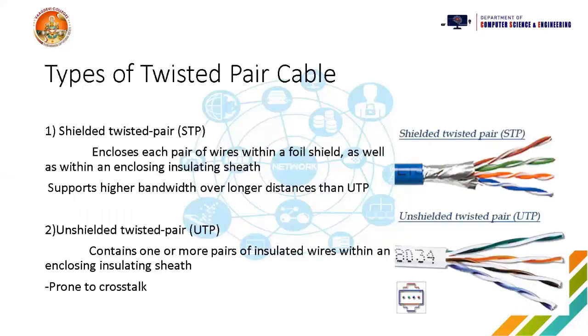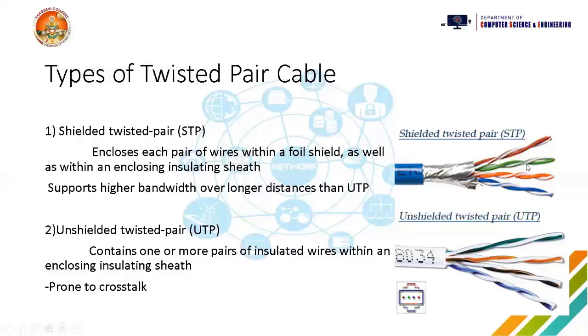Now talking about the types of twisted cable, as we said, one is shielded twisted pair cable and the second one is unshielded twisted pair cable, STP and UTP. STP, in the name itself, shielded, has a shield of protection provided to the cables. You can see in this image we have these wires which are twisted on each other.